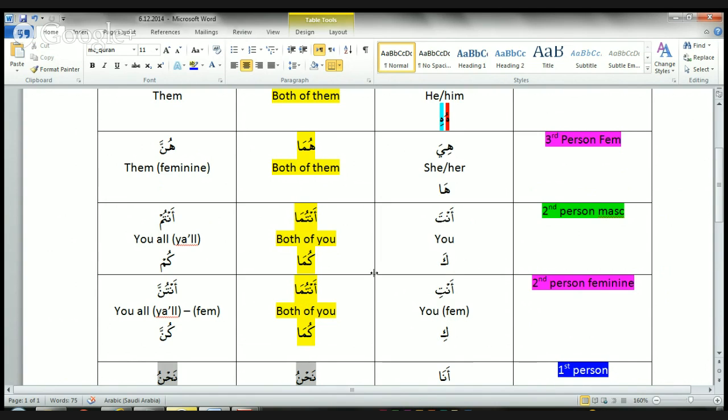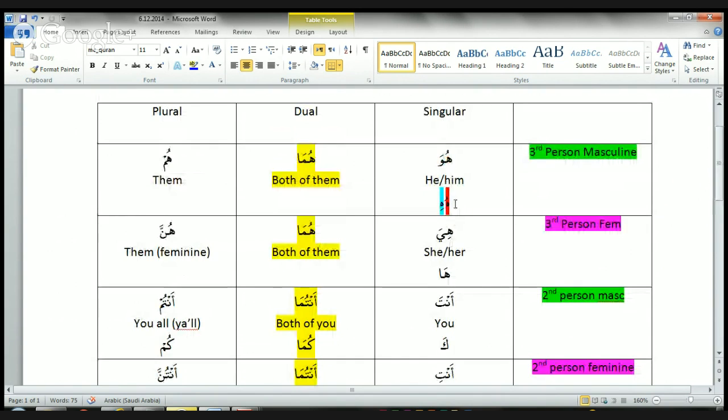It's considered jar. But now let's say ka comes on a verb. For example, qara'tuka or jituka, I came to you. Ka is what? Because it's on a fi'l, on a verb, it's nasab. But does it look any different? No, not for any of these.